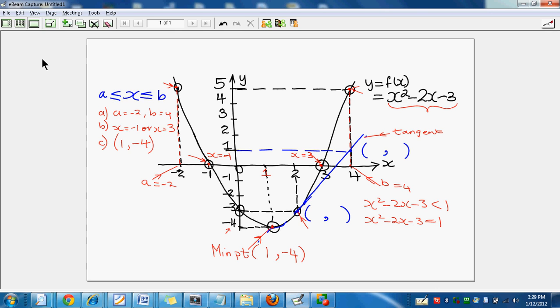One will be here, because this is the line y equal to 1, this line here, and one will be here. So there will be 2 positions where x squared minus 2x minus 3 will be equal to 1.